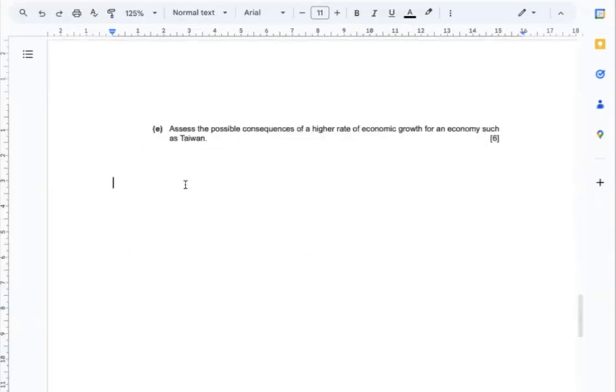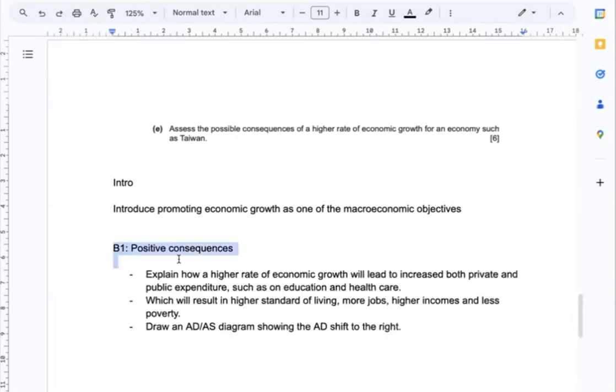Question E, assess the possible consequences of a higher rate of economic growth for an economy such as Taiwan. The intro will introduce promoting economic growth as one of the macroeconomic objectives. And first, I will analyze the positive consequences that will come from economic growth.